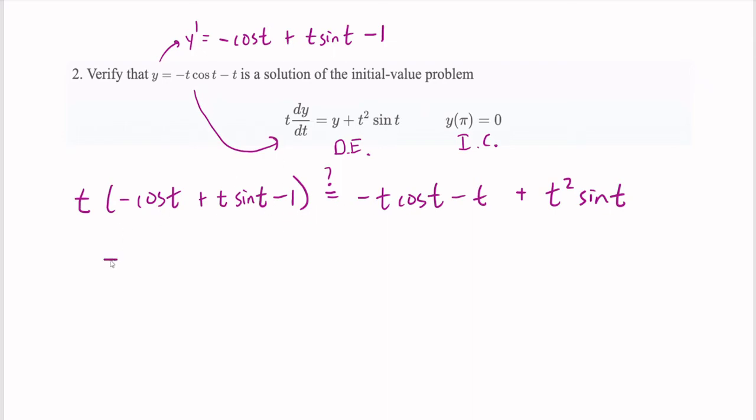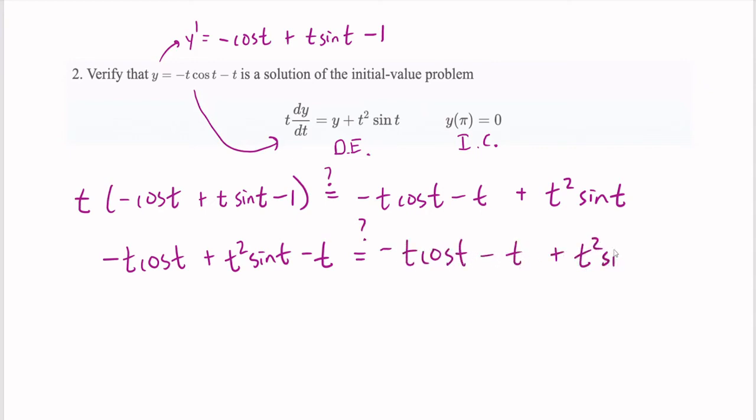So, okay, negative t cos t, and then multiply the t in, plus t squared sine t minus t. So that's t in there. Now, is that equal to negative t cos t minus t plus t squared sine t? I don't know. Let's look.